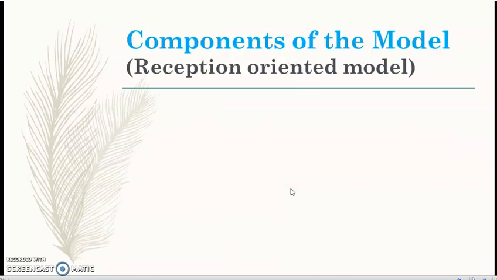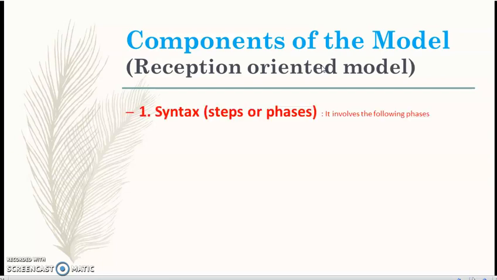So let us see in detail some of the major aspects, or components, associated with this model. The example that we have taken here is of the reception-oriented model. In this model, the examples are presented in 2 categories labeled as yes or no, which are positive and negative examples respectively.